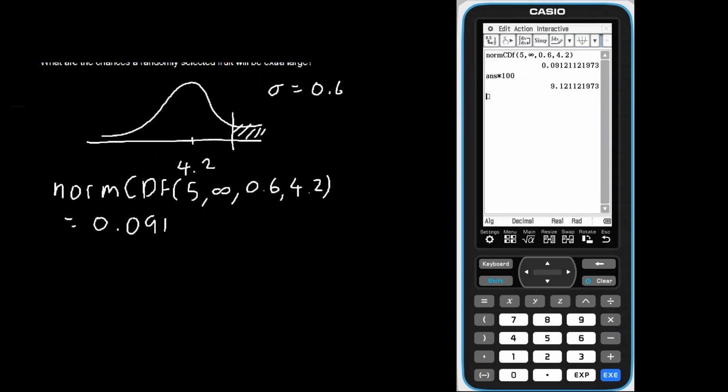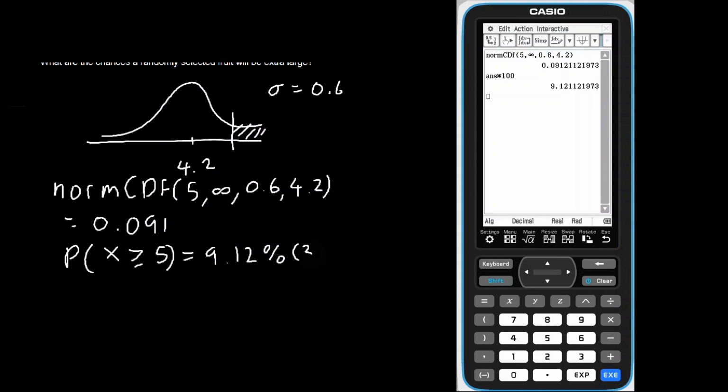And we can say the probability. Another way to write this, by the way, is to say that the probability of x being greater than or equal to 5 is equal to 9.12%.